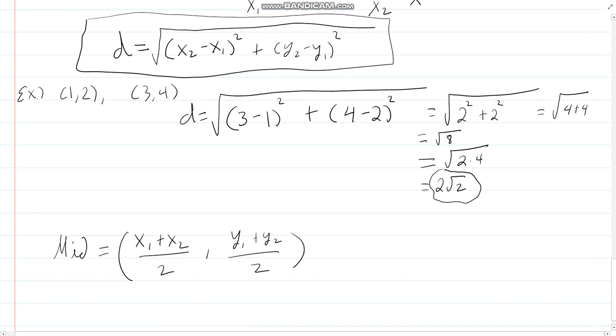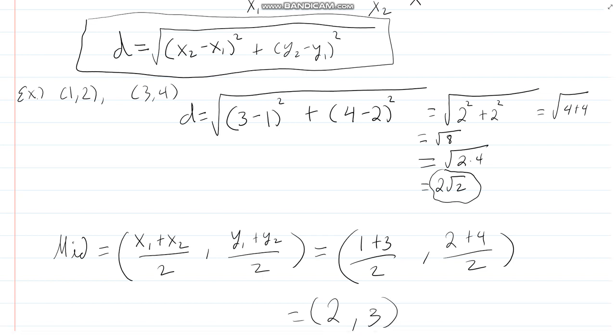So let's do our example, the 1, 2, 3, 4, and let's find that midpoint. I want to average the x's, so 1 plus 3 divided by 2, and 2 plus 4 divided by 2. Well, 1 plus 3 is 4, and 4 divided by 2 is 2. 2 plus 4 is 6, and 6 divided by 2 is 3. So I claim that the midpoint in that example would be 2, 3.